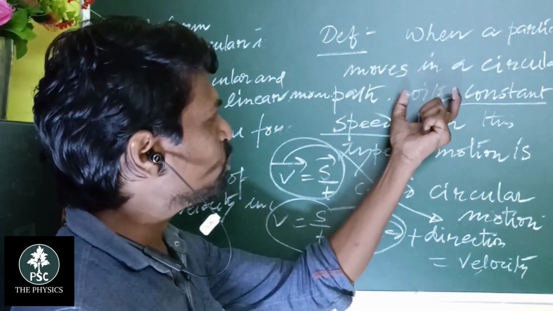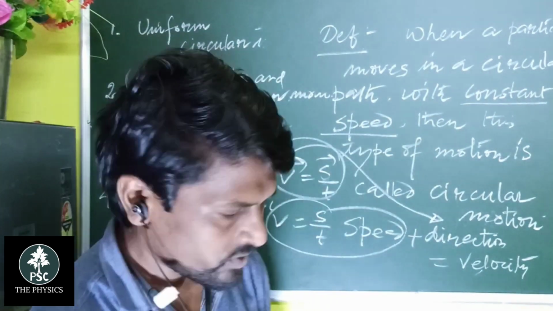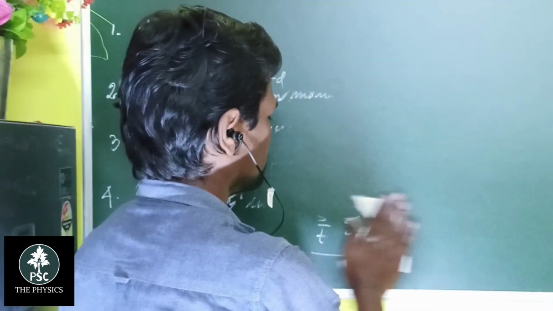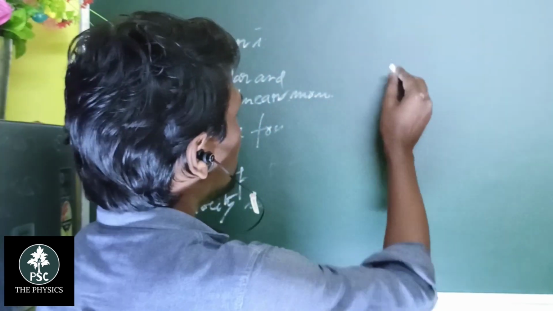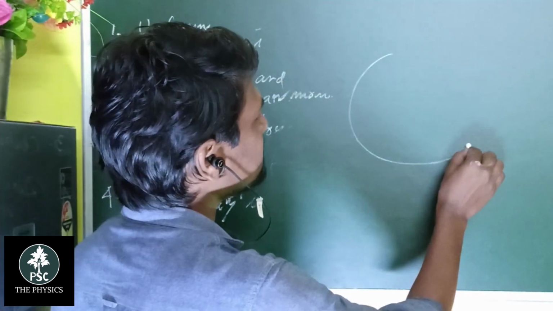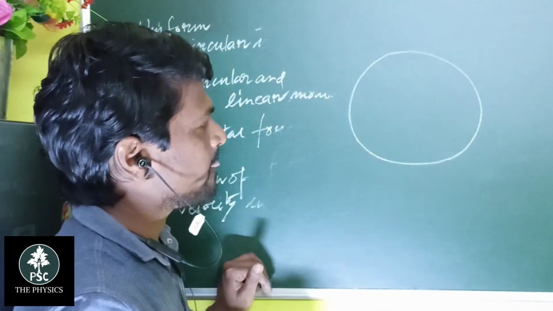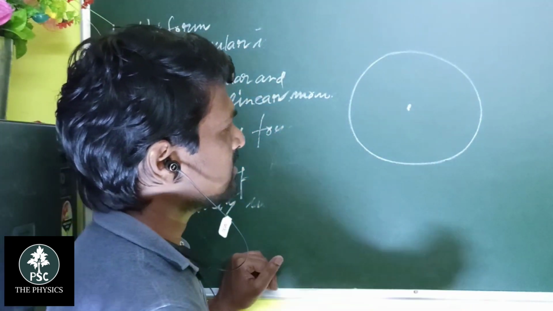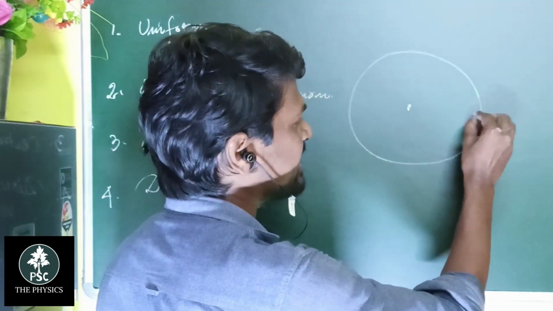When a particle moves in a circular path, this is a circular path, and this is the center of the circular path, and a particle, not an extended body.